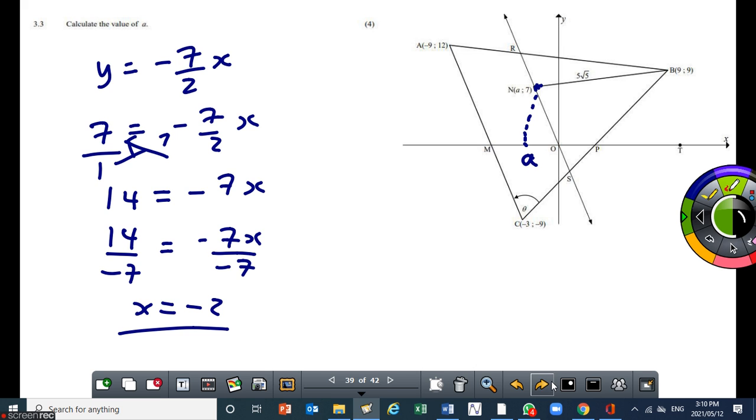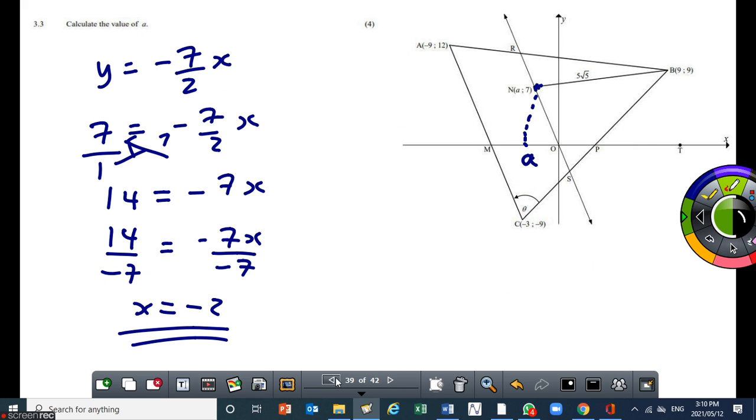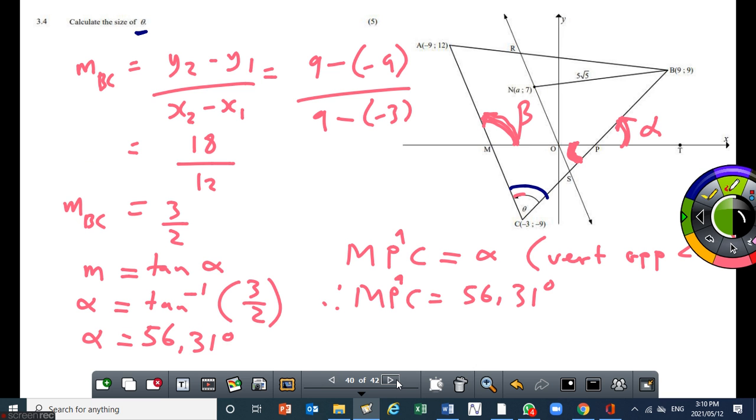So we are saying this angle here, do you agree with me that it's an exterior angle of a triangle? Yes. Therefore, it's going to be equal to this angle MPC plus theta.